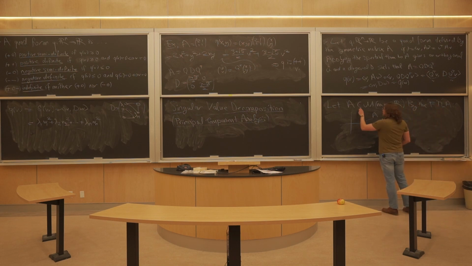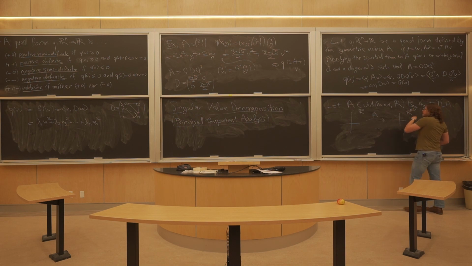A is going from Rn to Rm. Let's also say that the rank of A, I don't know what it is, but it's a number, r.